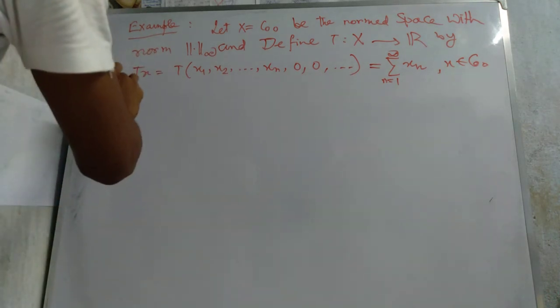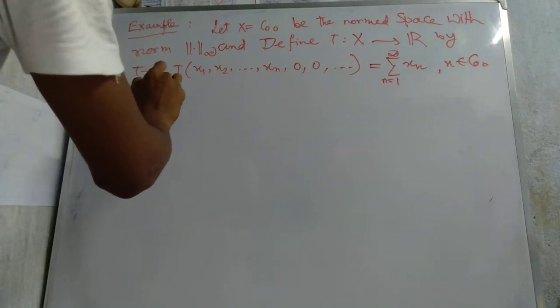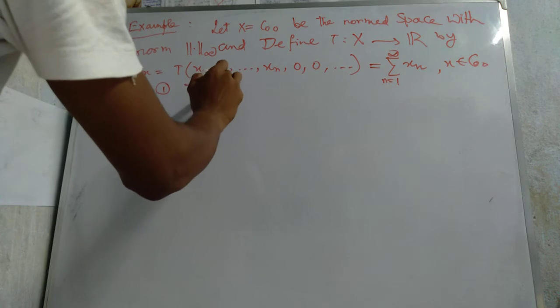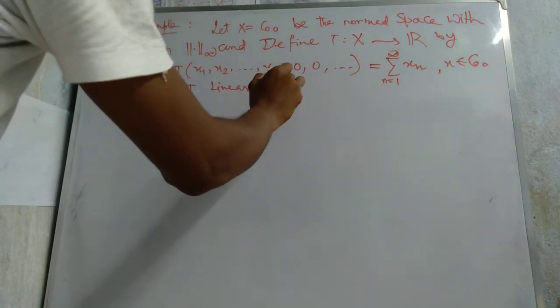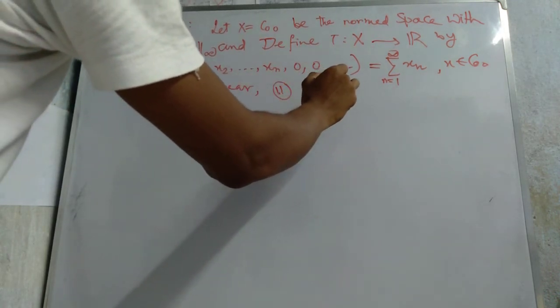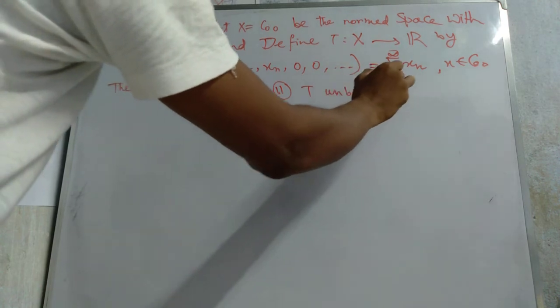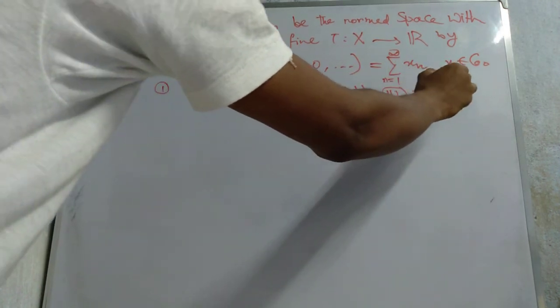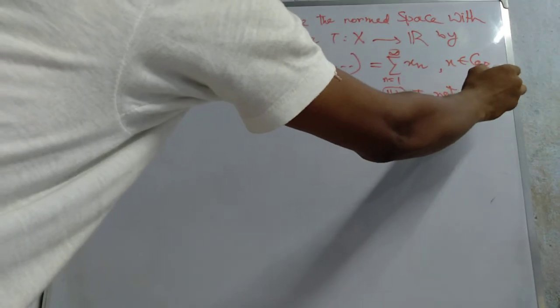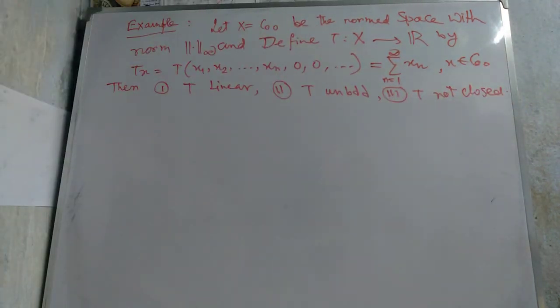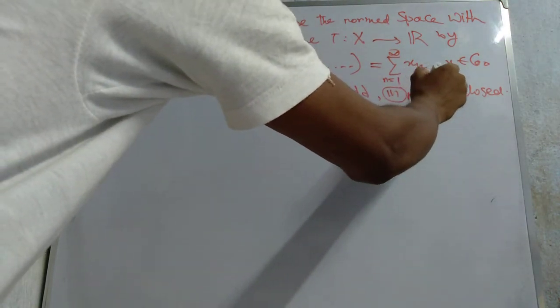Then we have to show first T is linear, second T is unbounded, third N(T) is not closed.